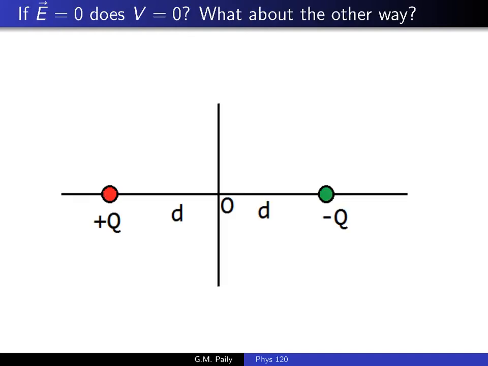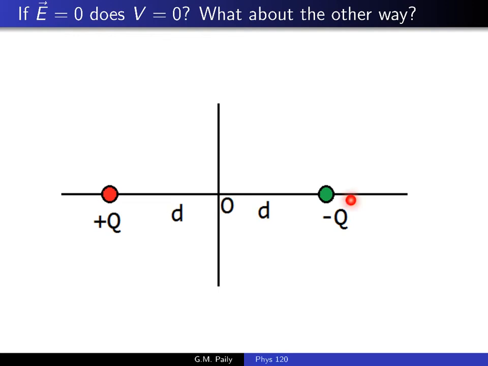Let's clarify a few points to make sure people aren't confused about the relationship between E and V. The slide title says the question: if E is 0, does that mean V is 0? And what about the other way? Here is an example where the potential is 0 at a point, but the field is not.